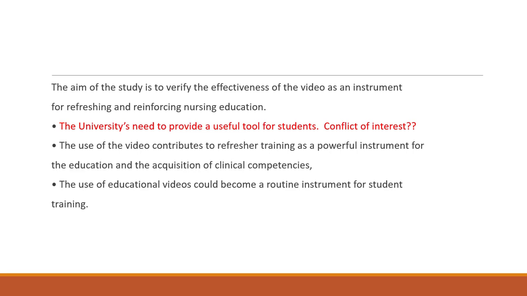Now, at the end of this study, the authors have written, the aim of the study is to verify the effectiveness of the video as an instrument for refreshing and reinforcing nursing education. As we discussed, effectiveness is a wrong choice of terminology. And there is one sentence there: the universities need to provide a useful tool for students. Could this be a conflict of interest? It's up to you to decide.